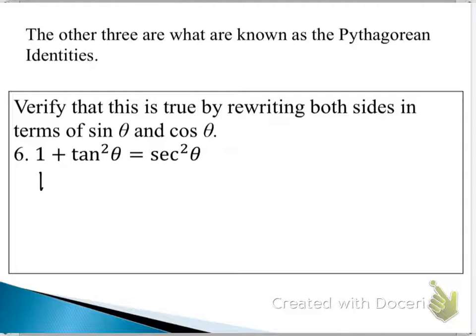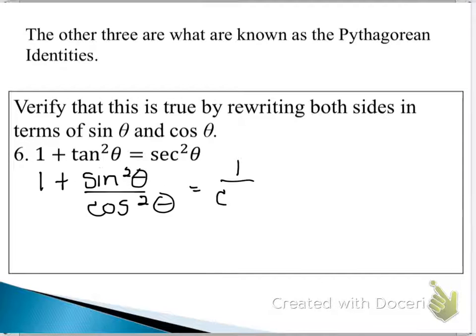So if I've got 1 plus tangent squared theta, I'm going to put 1 plus sine squared theta over cosine squared theta, equals, and then secant squared theta is 1 over cosine squared theta.